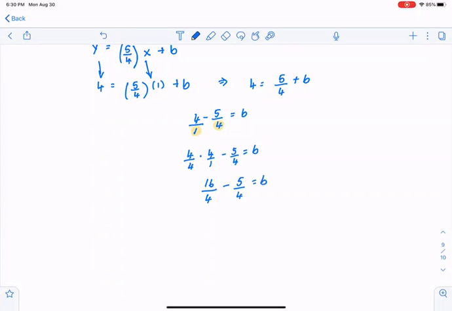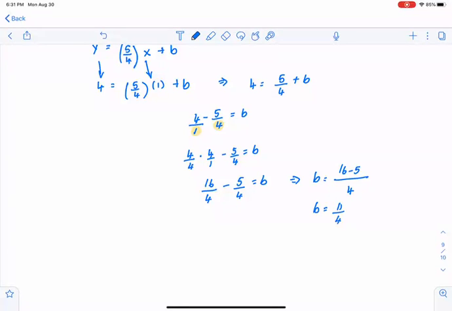I have a common denominator now, which would imply b is equal to 16 minus 5 over 4. 16 minus 5 is 11, so b is 11 divided by 4.